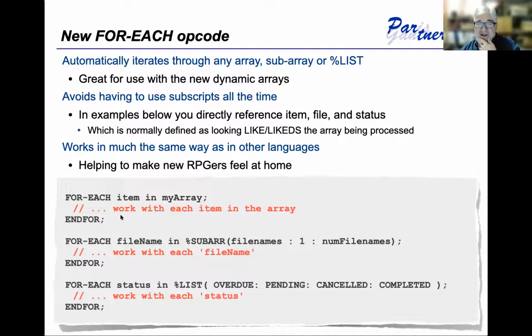So item, in this case, is a variable that's defined to look the same as one element in my array. And what it's going to do is it's going to work its way. RPG will automatically iterate through my array, and it will feed me one item value at a time.